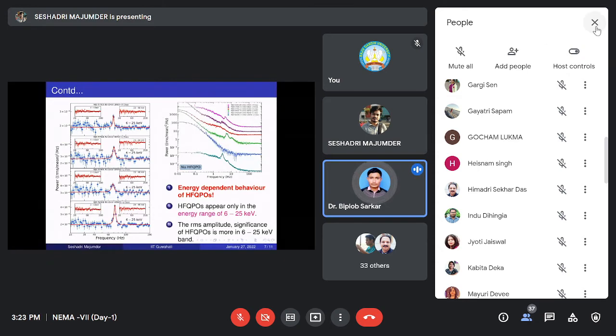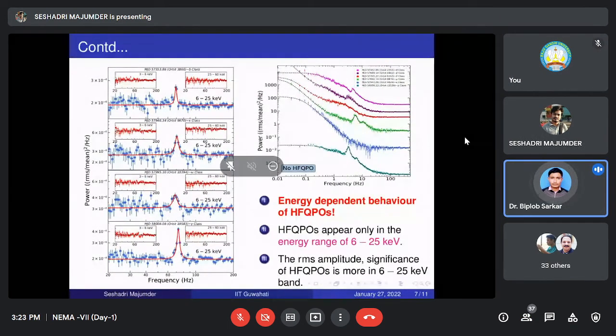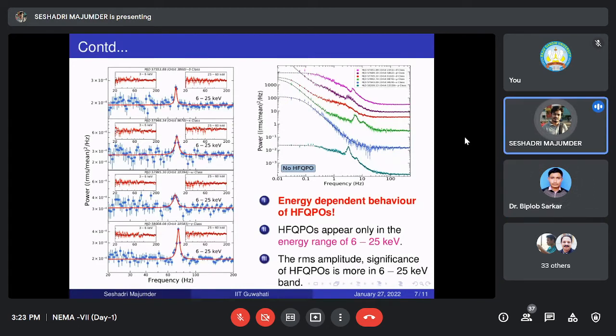Did you check that? Yes, I checked that the QPO will be present, but the strength will not be that prominent, because photons in this entire energy band are actually contributing to the generation of these high frequency QPOs.